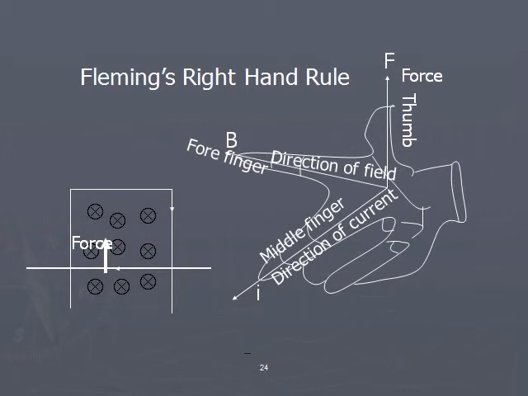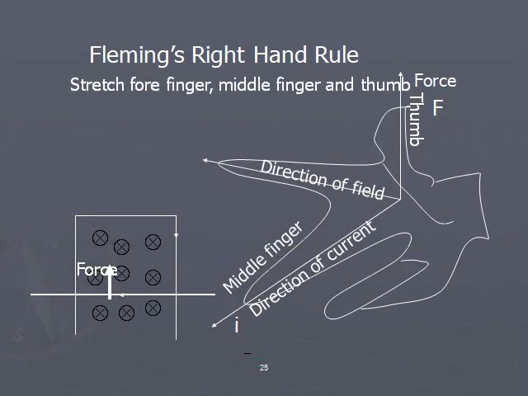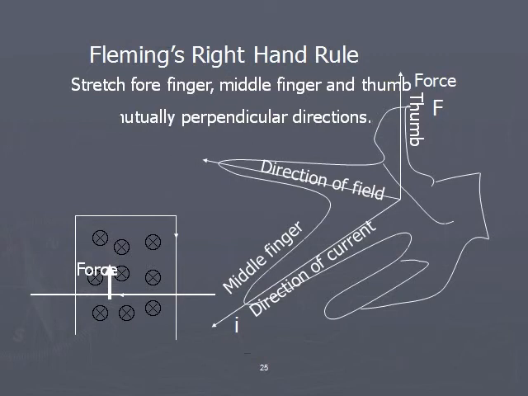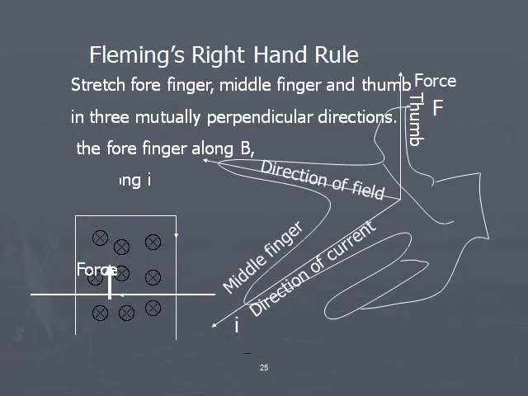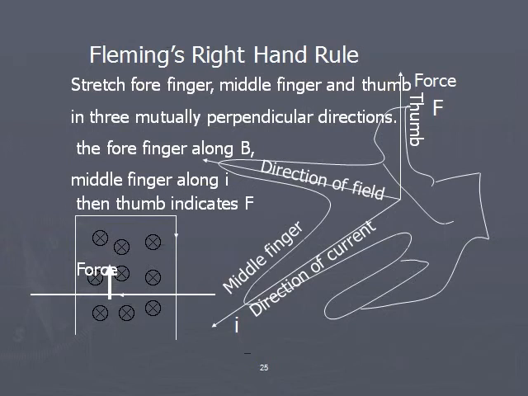Keep the forefinger in the direction of the magnetic field, that is into the screen, and the middle finger in the direction of current, that is from right to left. In front of the screen, keep your right hand such that the forefinger points into the screen and the middle finger points to the left. Then the thumb indicates the upward direction. That indicates the direction of force. So whenever there is a force due to induced currents, we can find it by Fleming's right hand rule.